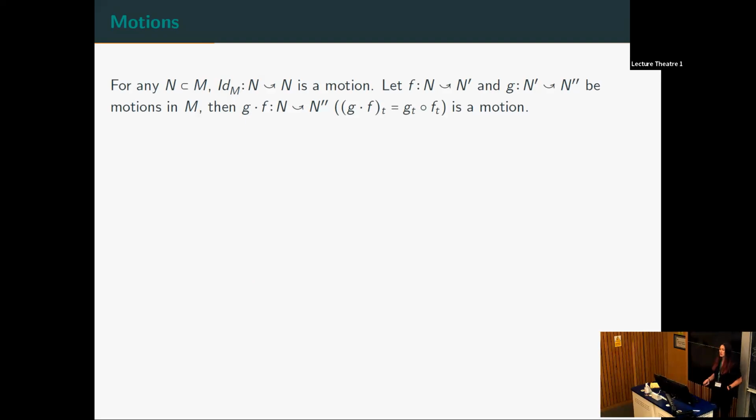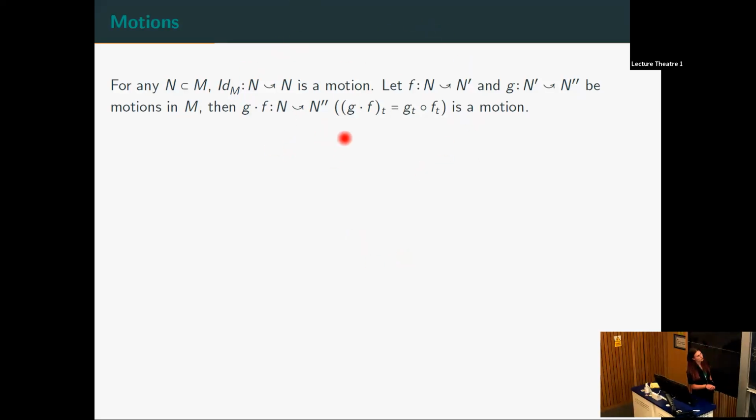We can also observe that for any N, this identity flow always becomes a motion when paired with any N, a motion from N to N. Also, if we take any F or G and do the dot composition, this gives us a motion which behaves nicely.